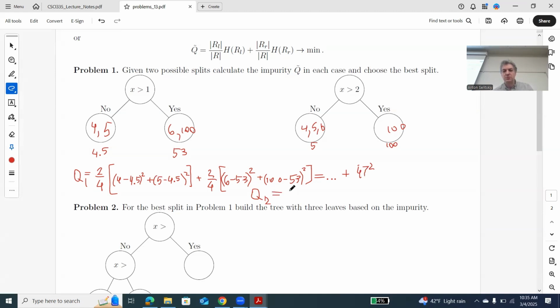So the proportion will be 3 over 4. 4 minus 5 squared. Maybe you allow me just to write the residuals. 1 squared plus 0 squared plus 1 squared. Well, technically minus 1 squared, but it's the same.